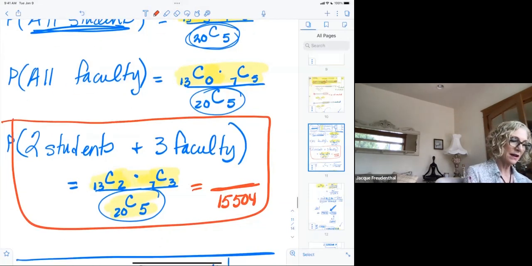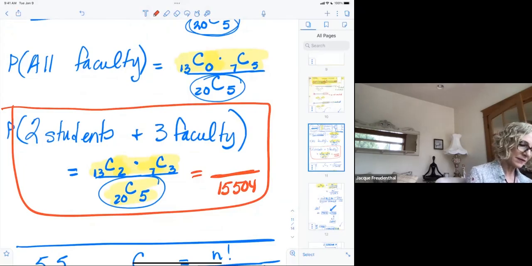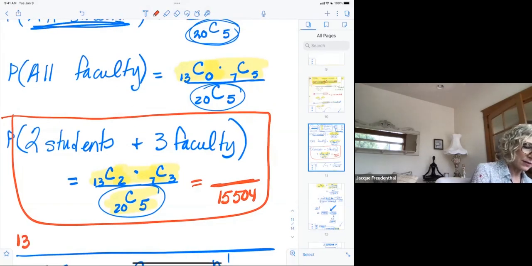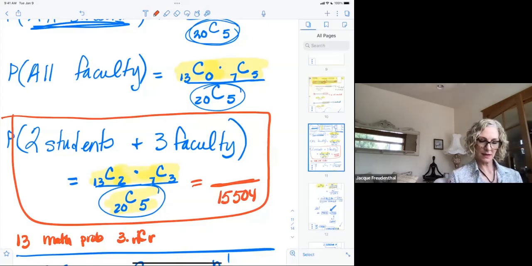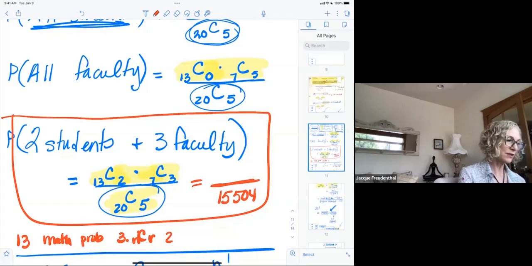In the numerator, on your screen, put 13. So you're going to go 13, you're going to go to math, probability, grab number 3. So 13, math, probability, and then put in, we're looking at 2. So on your screen, you would have 13C2, and then you could use your multiplication.